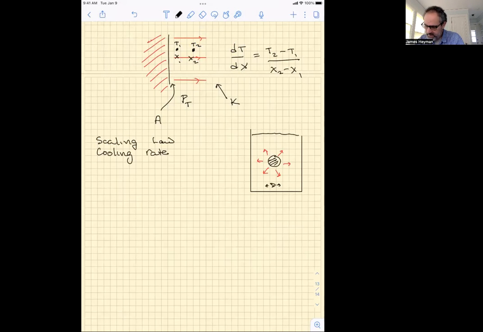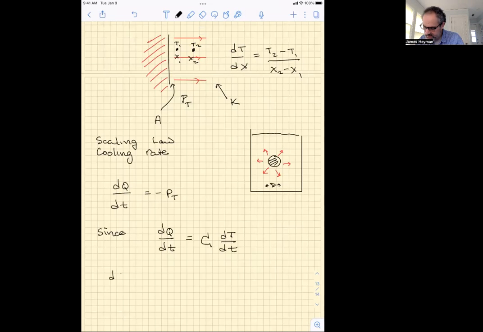Well, to begin with, let's start with the energy conservation law, dQ/dt is equal to minus P_T. Since the notion of heat capacity tells me that a change in the energy means a change in the temperature for my object, we can say that dQ/dt is equal to the heat capacity times the rate of change of the temperature with time.